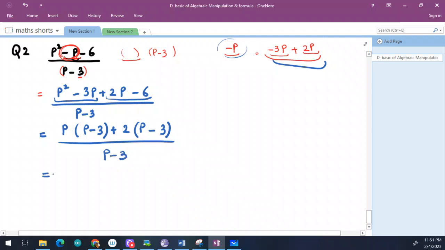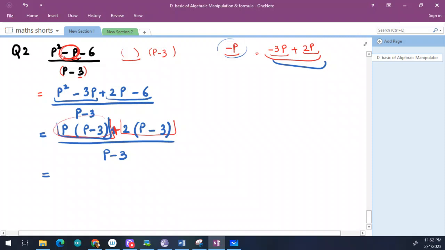Now you can see this becomes one term, separated from the other by this plus sign. This is the whole term and this is the whole term.